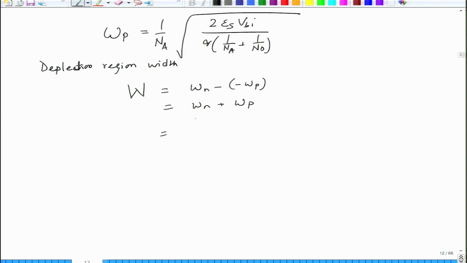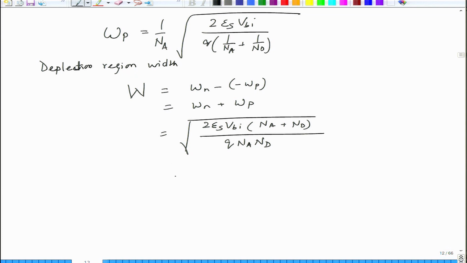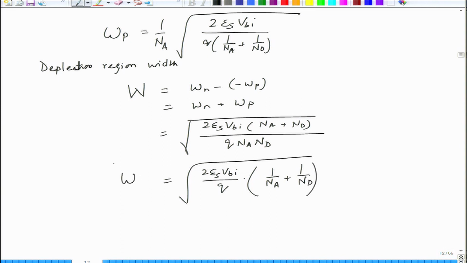So, if you now sum them together, what you will obtain is square root of 2 epsilon s Vbi into Na plus Nd divided by Q Na Nd, or alternatively you can write this as 2 epsilon s Vbi divided by Q into 1 over Na plus 1 over Nd.